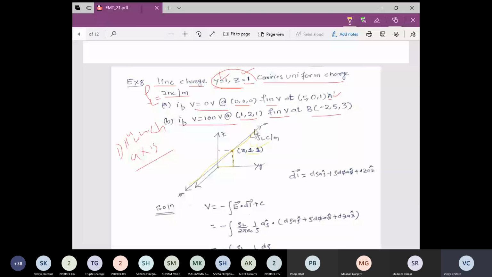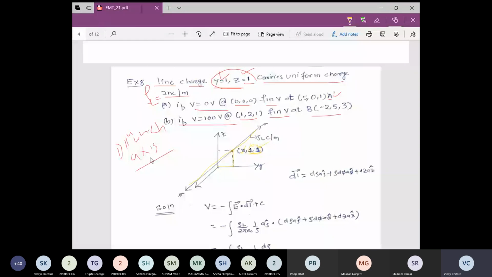So every point on this line I can represent as (x, 1, 1). Y and z are constant, and the only variable is x. Please note this down: the missing variable axis is the axis the line is parallel to.